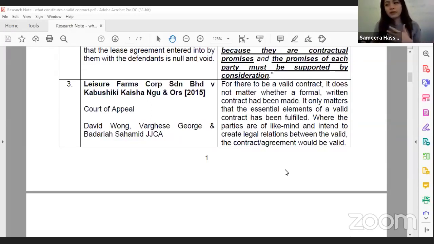But let's say the grandmother is no longer here to certify whatever has been said. Then we need to establish whether there has been acceptance by the person, whether there has been consideration, and intention to be legally bound. So that is where a problem might arise, where there is no formal written agreement. In cases like that, again, the court will examine whether or not the elements have been met. And if yes, then there is a valid contract and there's no need for it to be written formally.